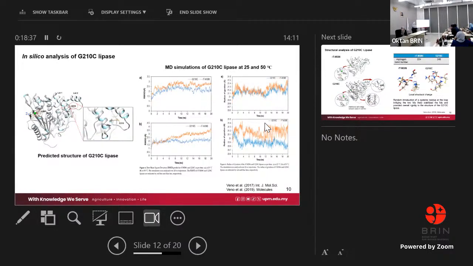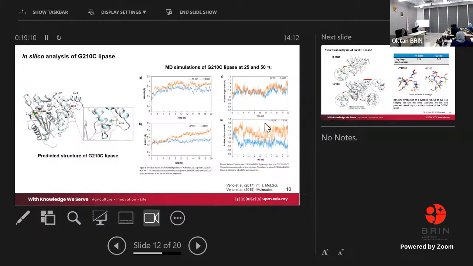So we looked closely at the site of mutation, which is located at the loop of the two lids, and then we did the MD simulation, and you can see the blue color spectra where the mutant has improved stability and also improved rigidity in terms of the compactness of the protein.